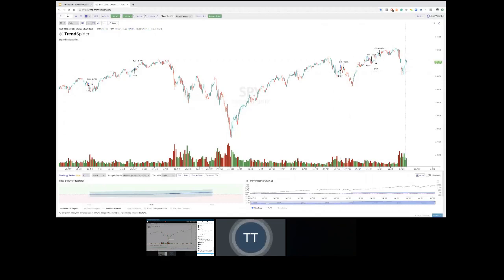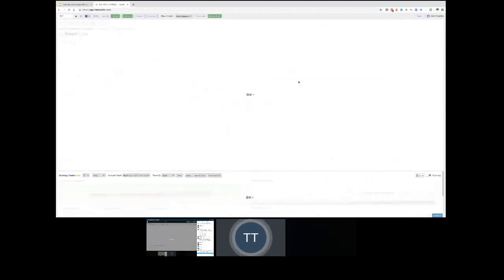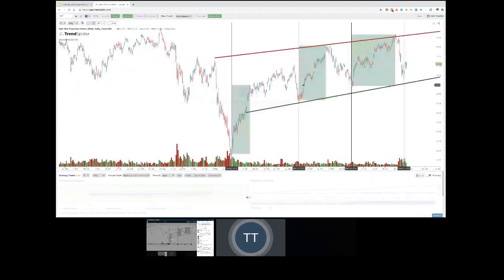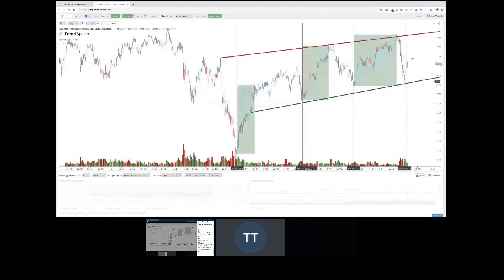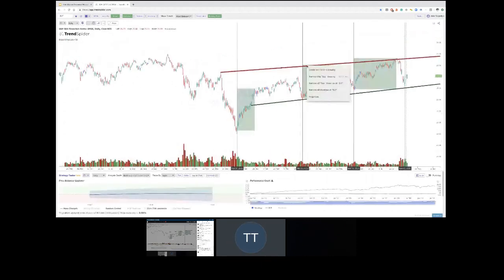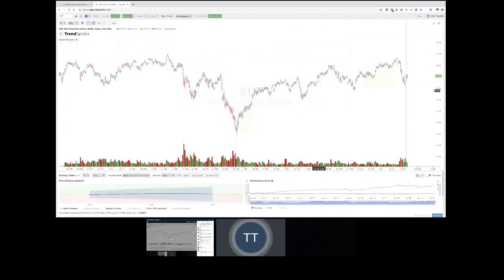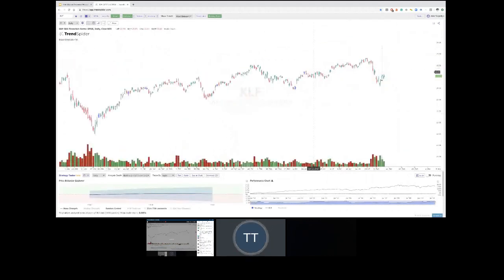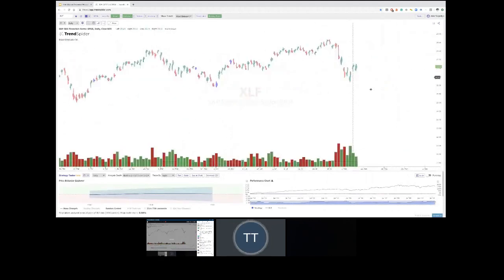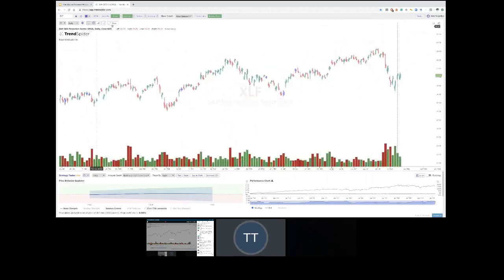Now, if we go to, let's say, XLF, this is a cool case study on that. Let me get rid of this little back test I ran. In this case, I'll draw this wedge here.